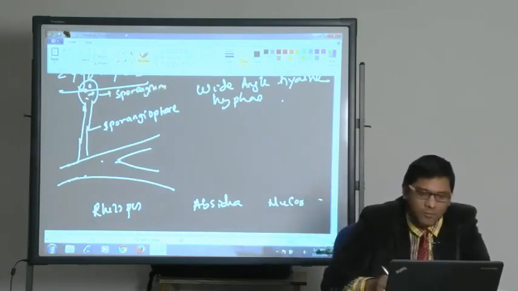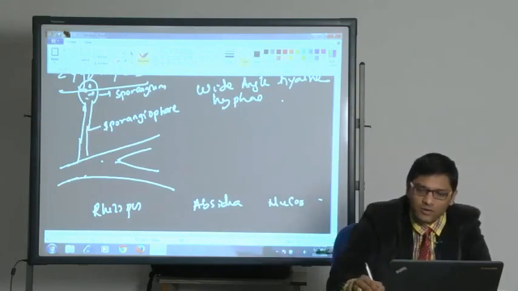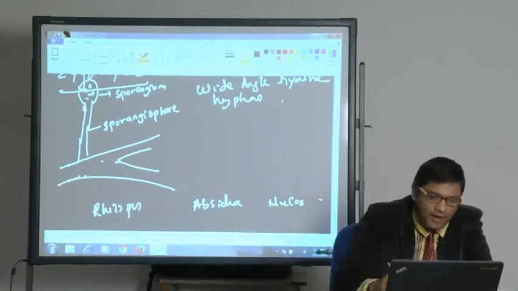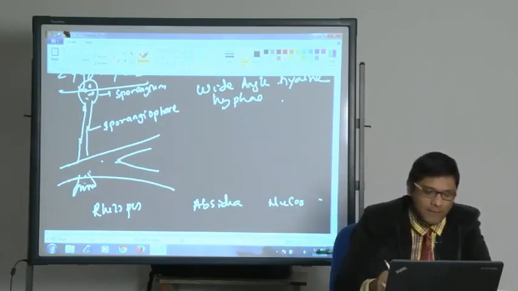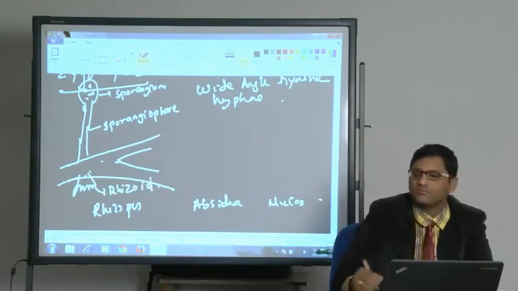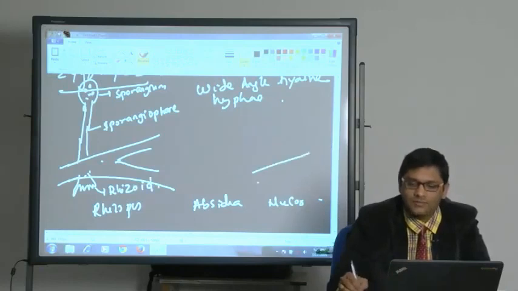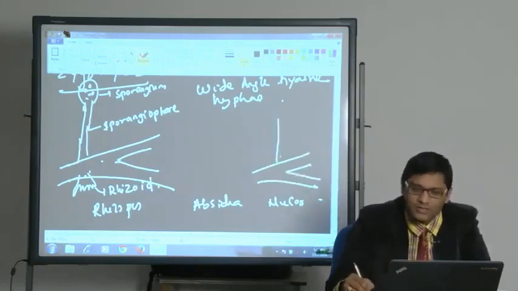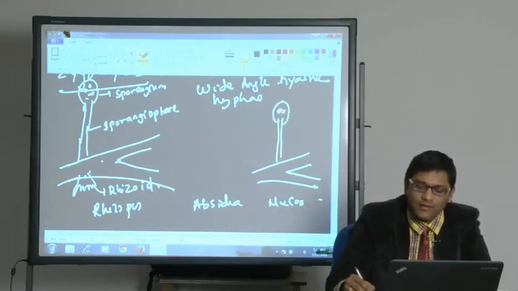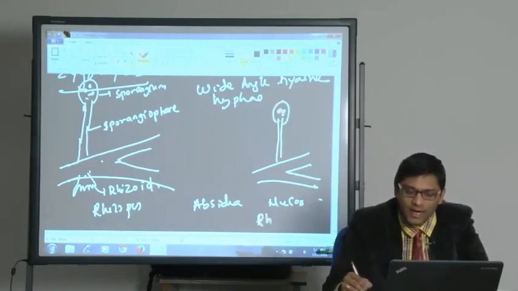Just opposite to the origin of the sporangiophore, in the hypha there is a root-like outgrowth which is present in Rhizopus, and this root-like outgrowth is called rhizoid. Whereas in Mucor, only the sporangiophore will be there, the rhizoid will be absent.